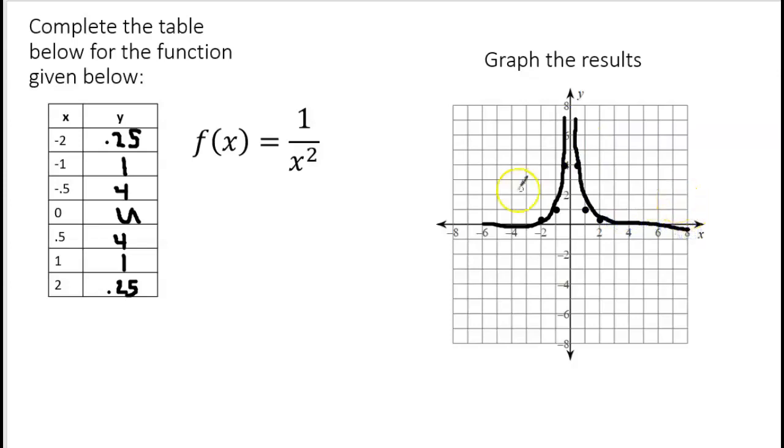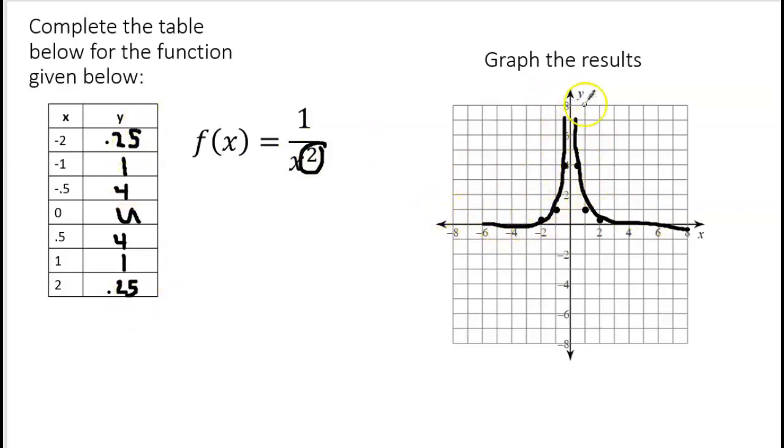The reason it looks like that is because of this even power. The even power cancels the negatives out. So instead of getting a graph down here where all the y values are negative, when you square the negative x value on the left side, where the x's are negative, you end up getting a positive y value, so it ends up being up here, just like it is on the other side.